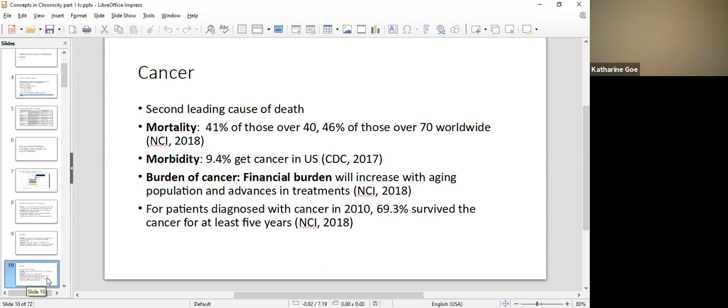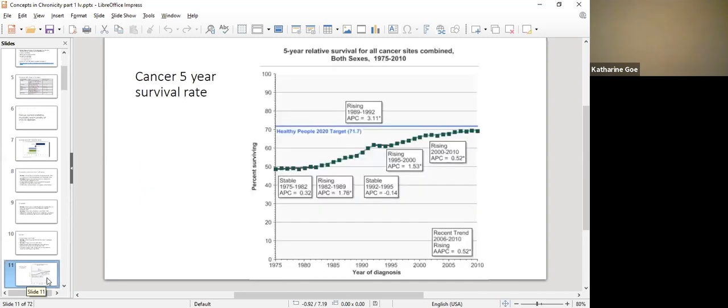For patients diagnosed with cancer in 2010, 69% survived the cancer for at least 5 years. That's what that chart I was showing you earlier indicates.